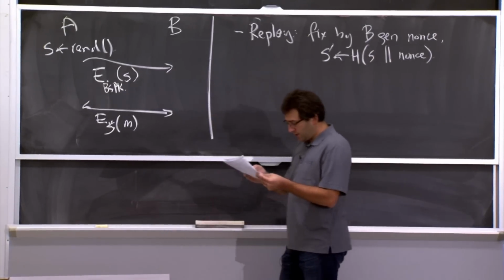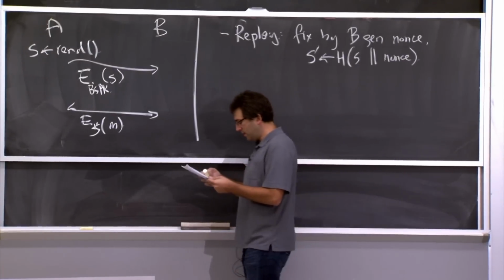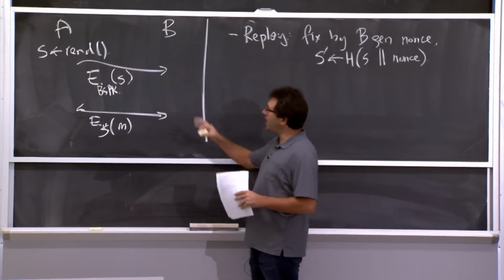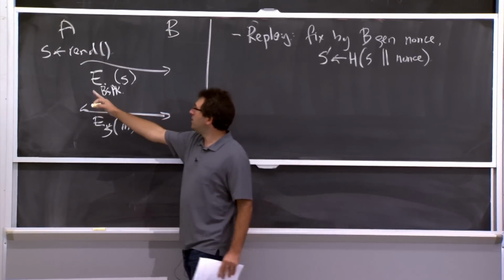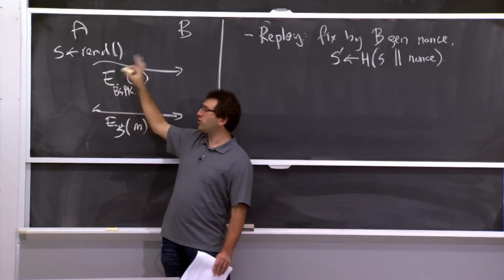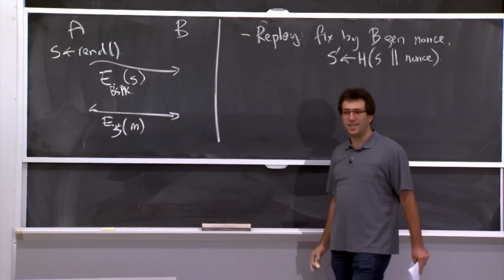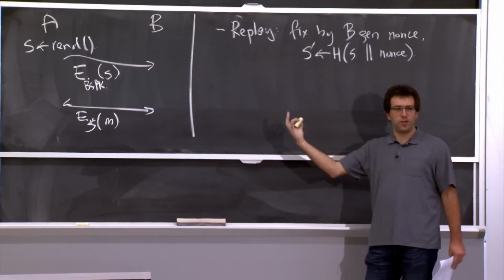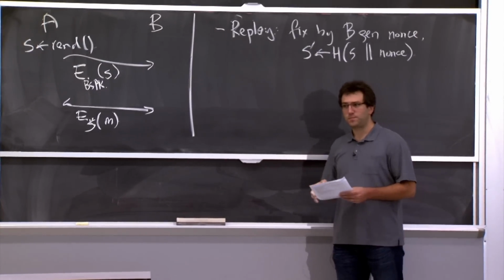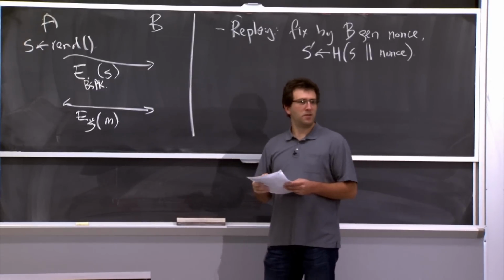All right, so another problem here is that there's no real authentication of A, right? So A knows who B is, or at least A knows who will be able to decrypt its data, but B has no idea who is on the other side, whether it's A or some adversary impersonating A, etc. So how would we fix it in this public key world?